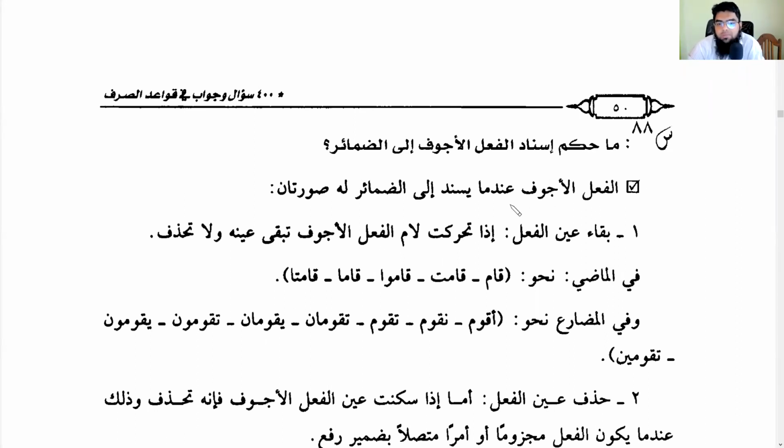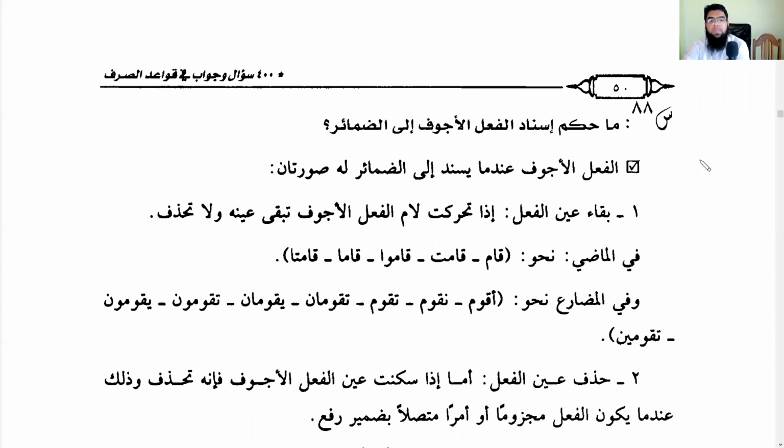الفعل الأجوف عندما يسند إلى الضمائر له صورتان. If the fi'l ajwaf, which means it has an alif in between, that is a waw or ya, is conjugated to the pronouns, it has two forms.